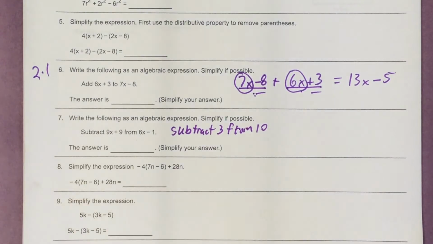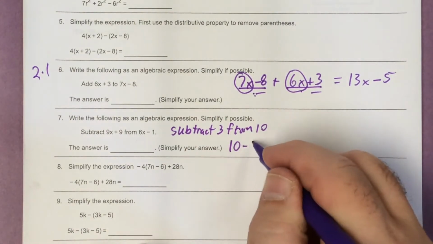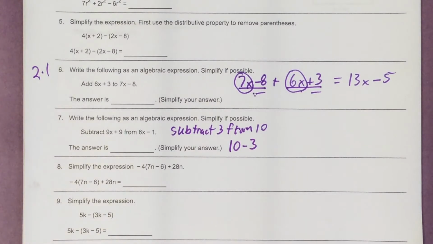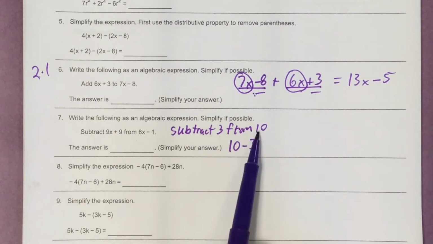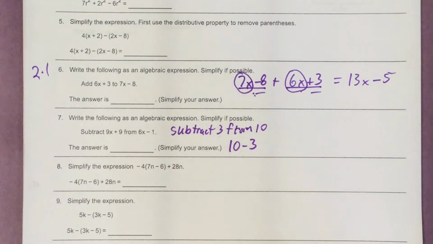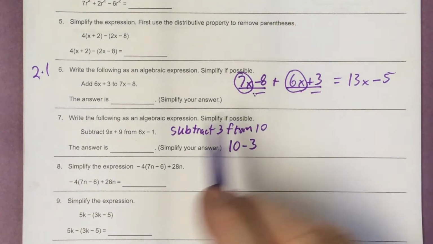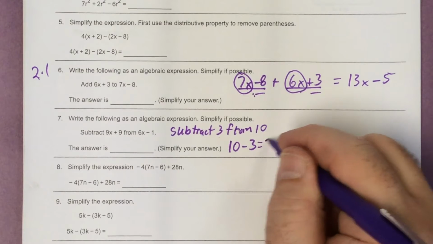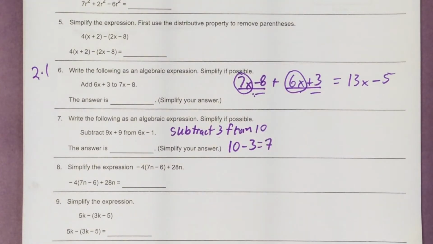If I say to subtract 3 from 10, that's going to be like taking 10 minus 3, which means that if I have it phrased this way, however the information is put into the problem, I'm going to turn it around to actually do the math, because if I subtract 3 from 10, I should get an answer of 7. But the way I do that is to turn these two things around here.